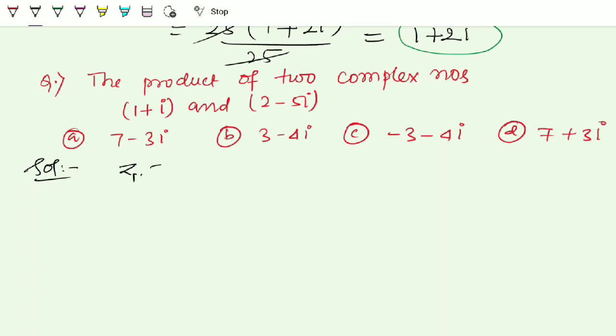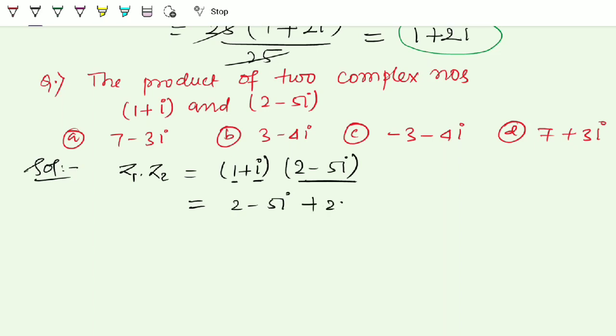So Z1 multiplied by Z2 will be equal to 1 plus iota multiplied by 2 minus 5 iota. So we'll multiply 1 with 2 minus 5 iota, then it will be added with iota multiplied by 2 minus 5 iota. So we'll be getting 2 minus 5 iota plus 2 iota minus 5 iota square.